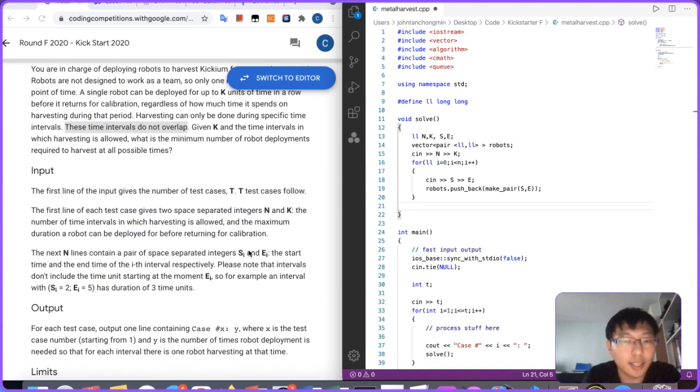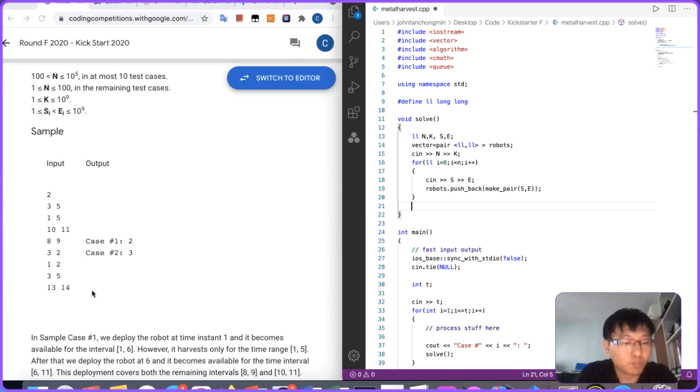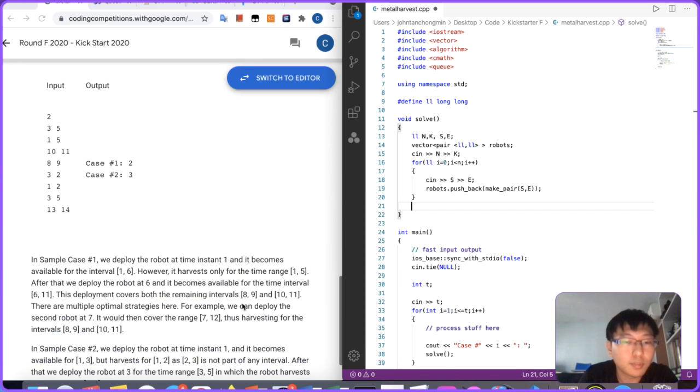S and E is start and end of the robot. So an interval of Si equals 2, Ei equals 5 has a duration of 3 time units. Okay, harvest only 1 to 5. Then we deploy the robot at 6 and it becomes available for the time interval 6, 11.